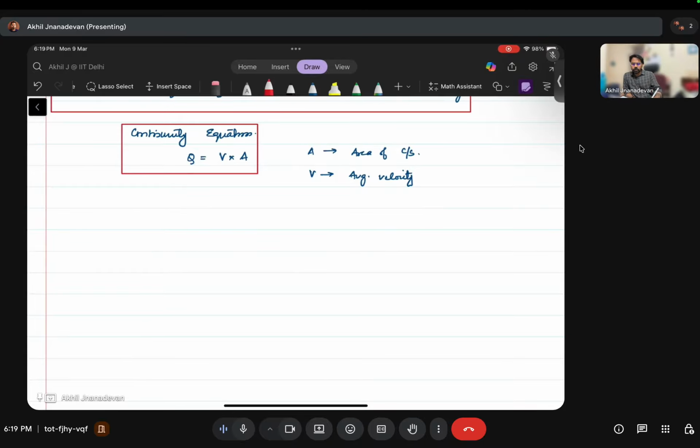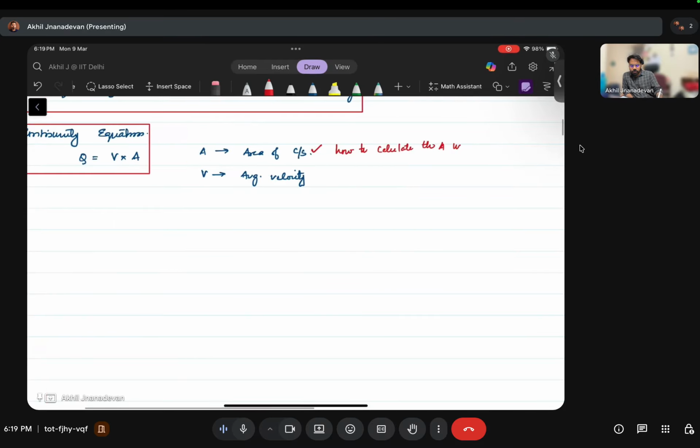So two things are important to us: how to calculate the area of cross section using the stage values, and how to calculate the velocity.